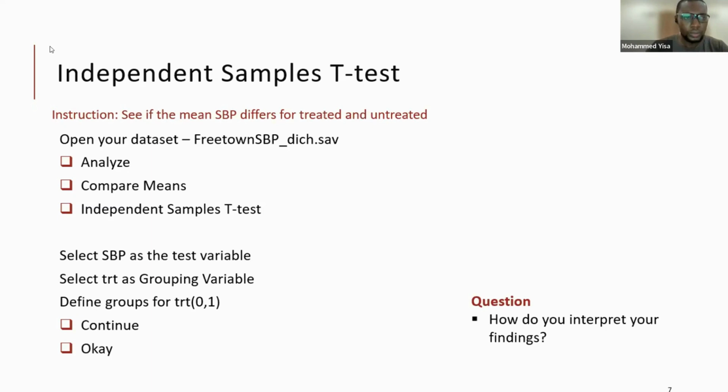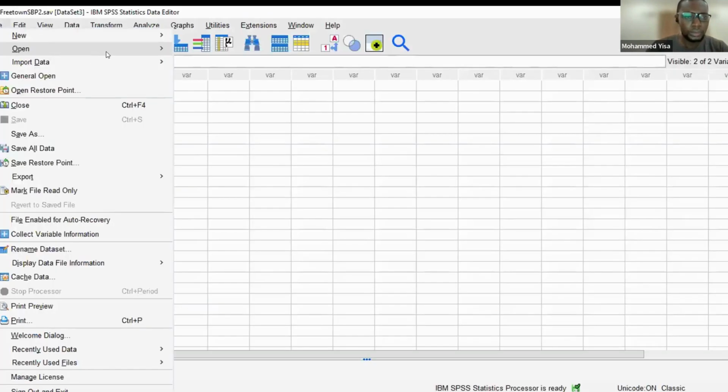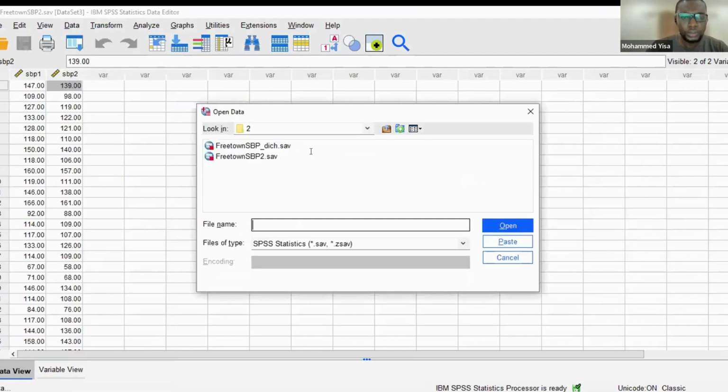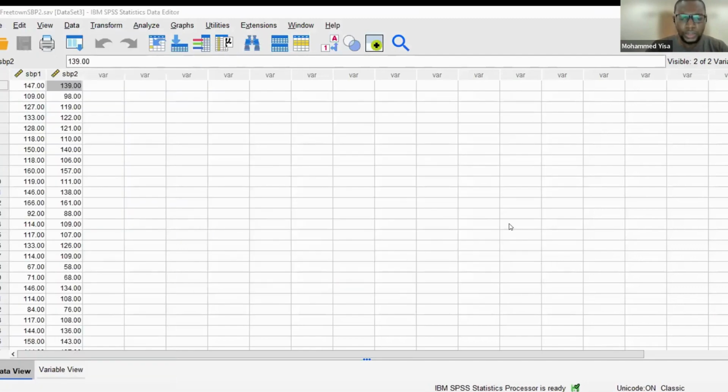So we go to File, then Open Data, SBP data set, and then I'll share that screen because I know this may not be visible.